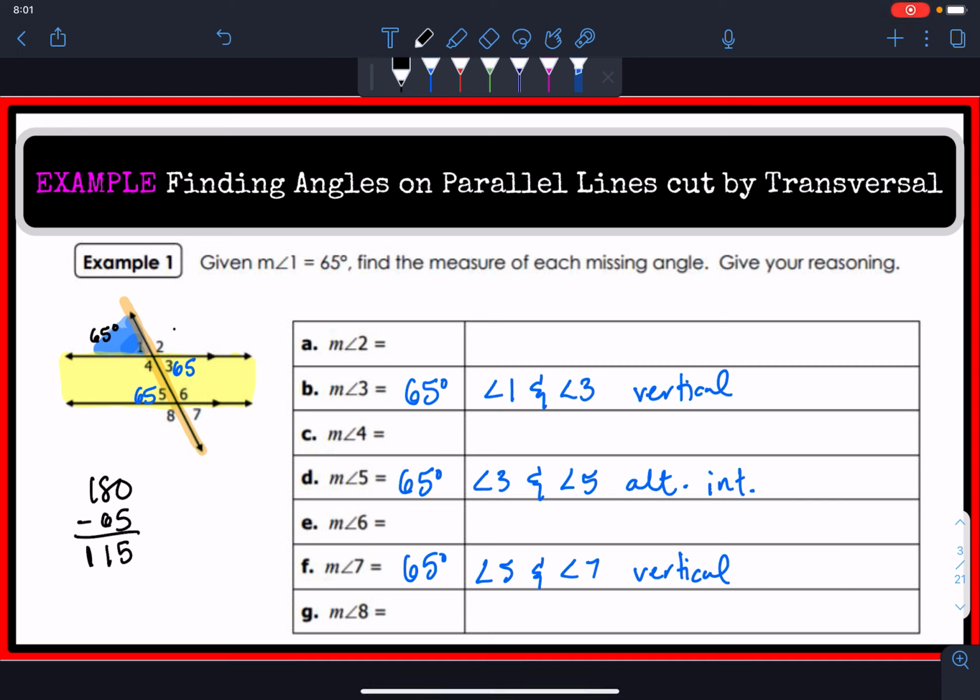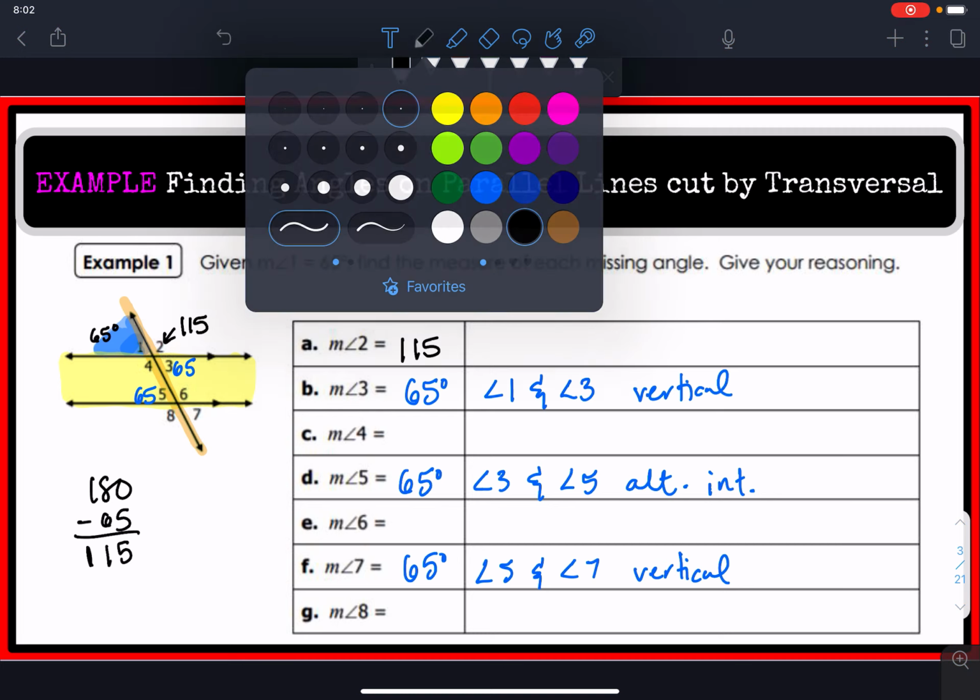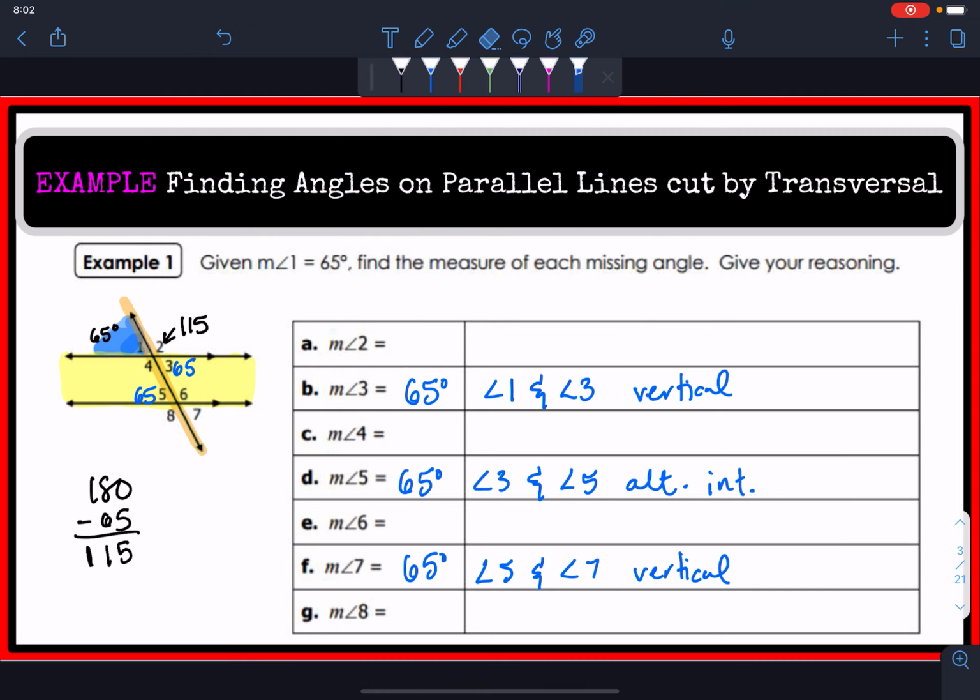So angle number 2 has a measurement of 115. And let's do that in green instead. And because angle 2 and 4 are vertical angles, that means that angle 4 is 115 degrees.